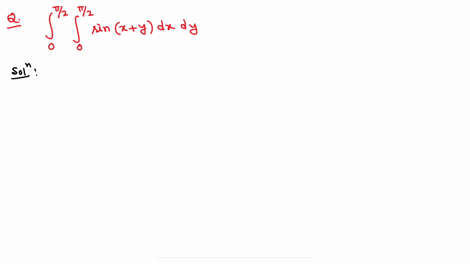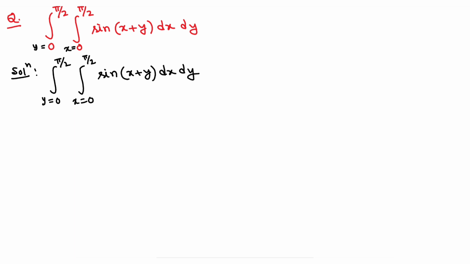Now here the first integration is dx, so obviously this is x equals 0 to pi by 2, and the second one is dy, so this is y equals 0 to pi by 2. So y equals 0 to pi by 2, x equals 0 to pi by 2, sin(x plus y) dx dy.